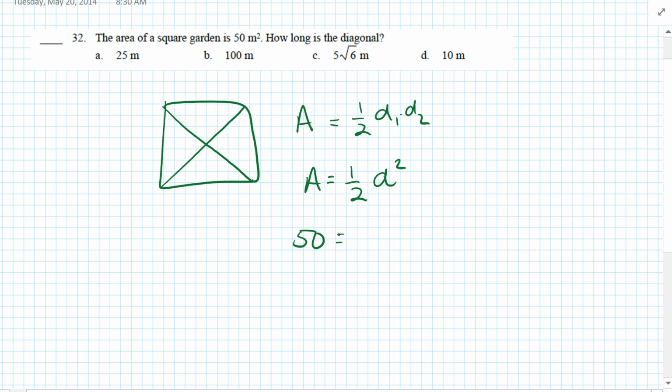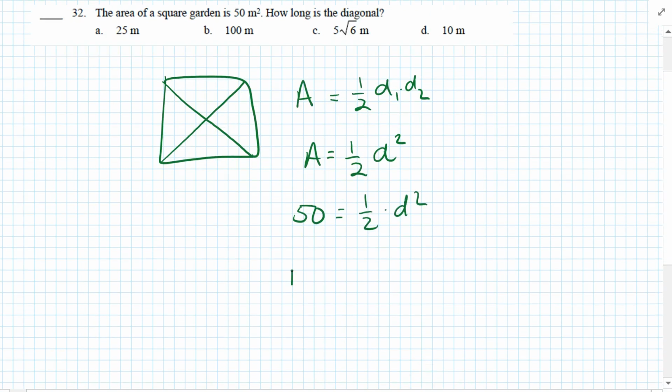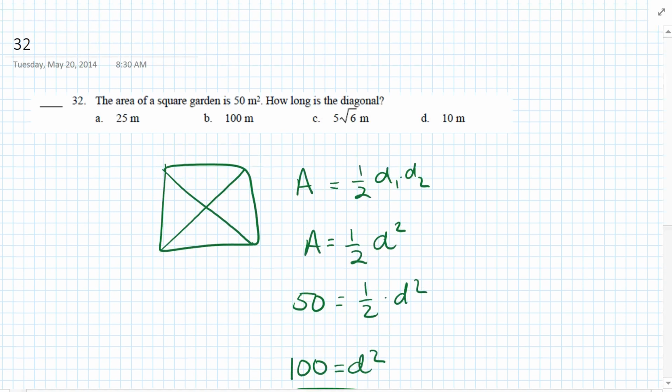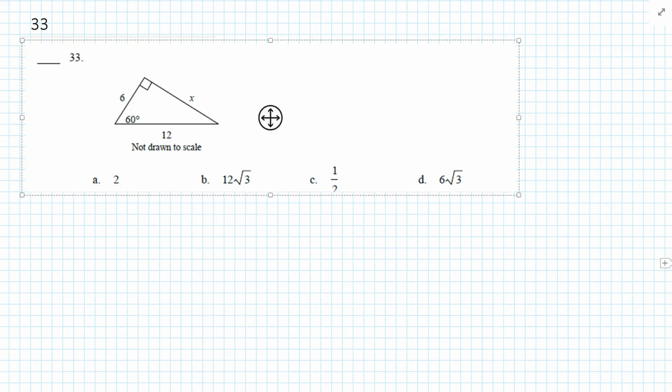So 50 equals 1/2 times d squared. Multiply 2 to each side. We get 100 equals the diagonal squared. So the diagonal equals the square root of 100, which would be 10.